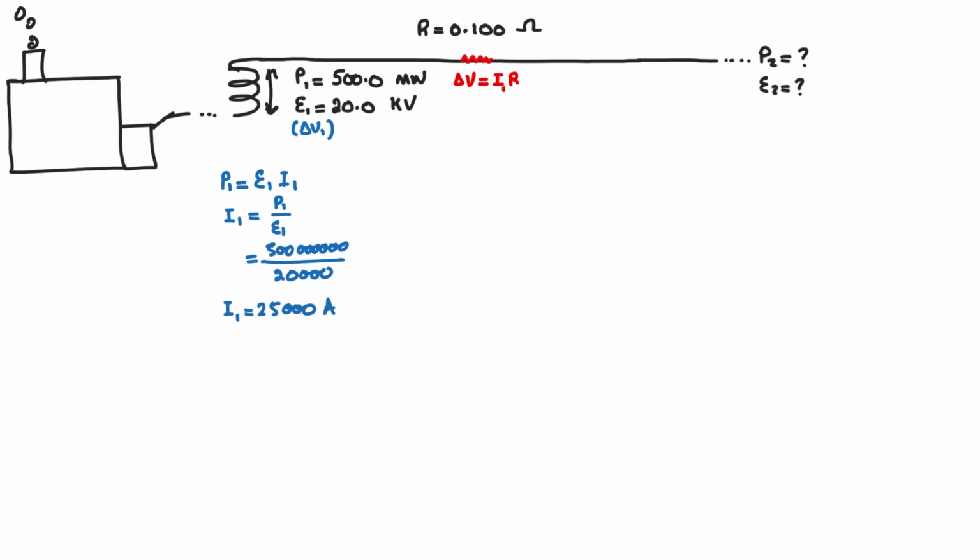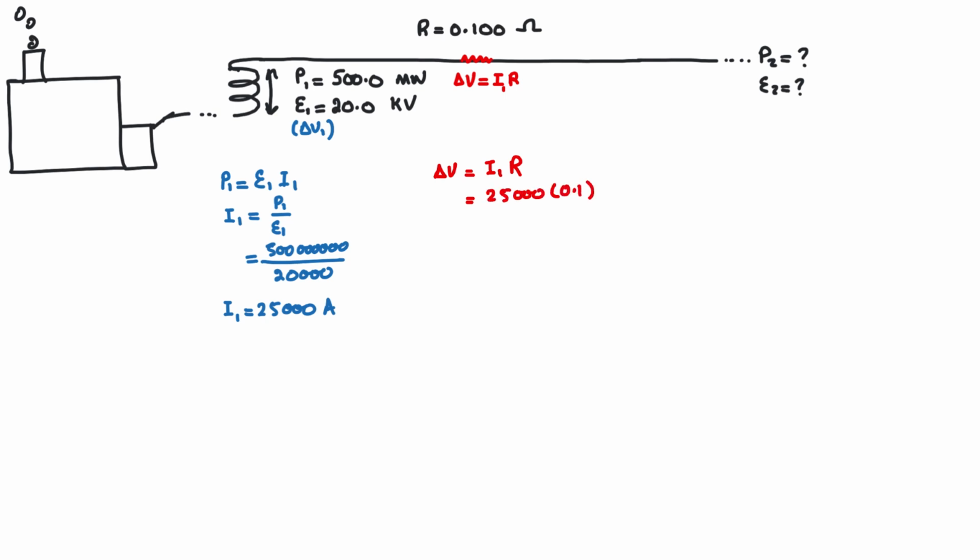So I can figure out the total amount of voltage, or the potential difference, that's lost as our charge is moving from this portion of the wire to this portion. Delta V is going to equal I1 multiplied by R. I1 is 25,000.